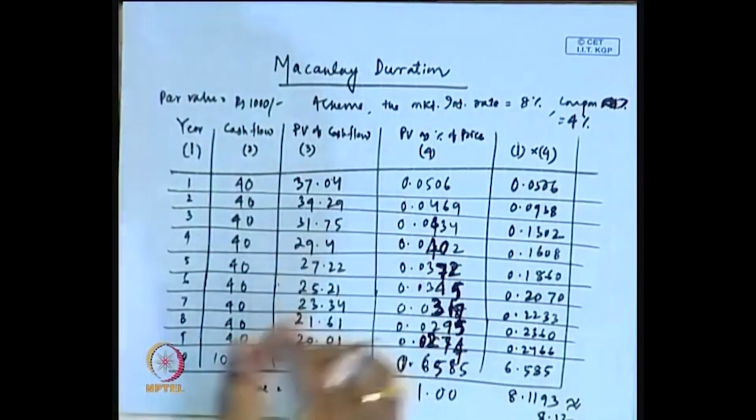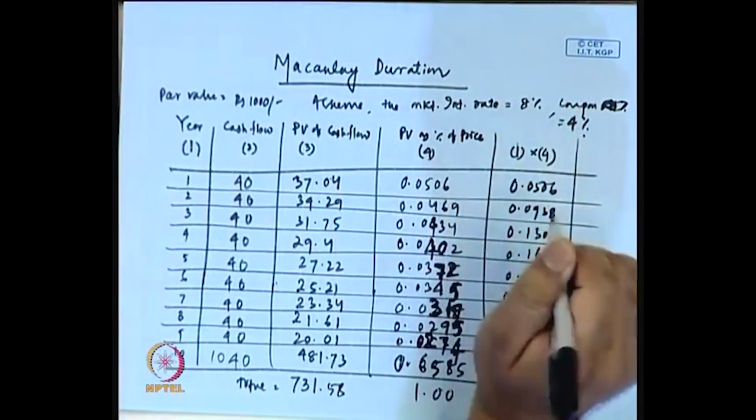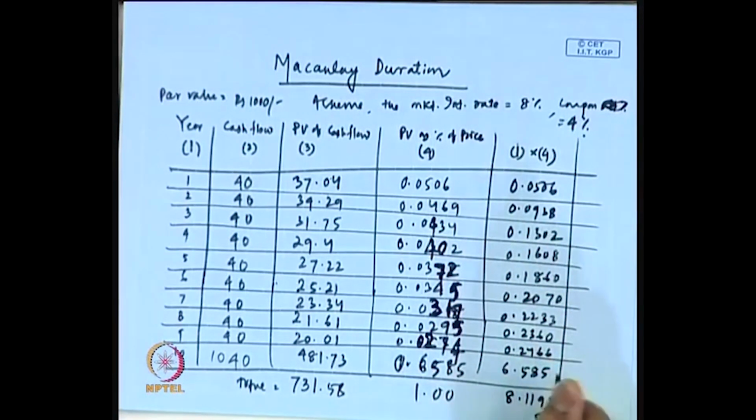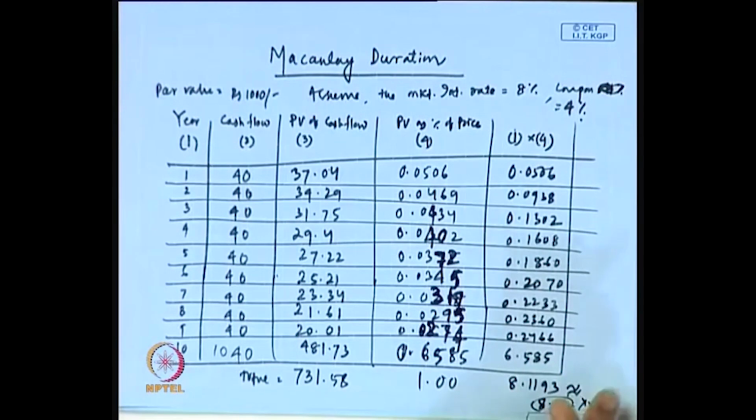The duration for the 10 years term to maturity, with a coupon of 4% and an interest rate of 8%, will be 8.12, and it is represented in years.